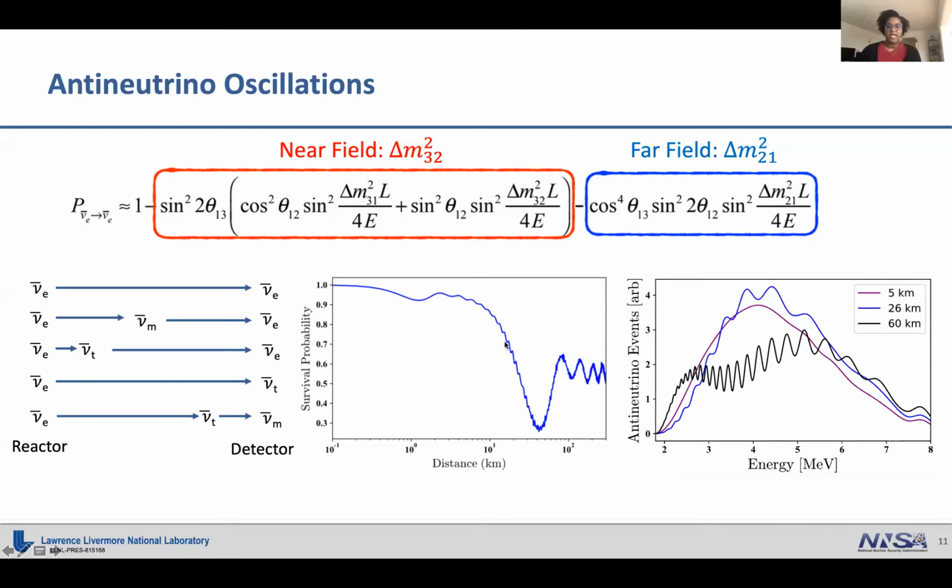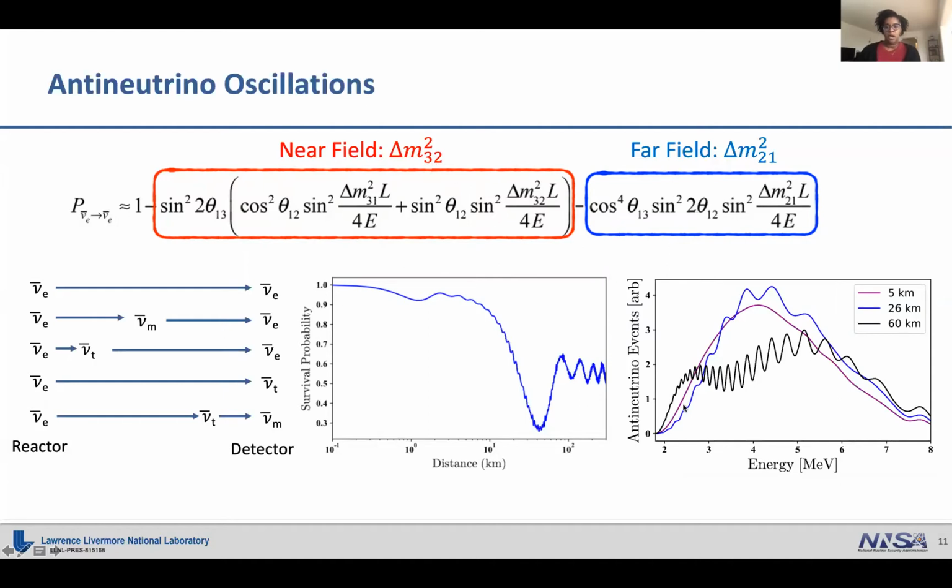The very fast wiggles are dictated by the near field oscillation parameters, which are the 3-2 values, so mostly delta m squared 3-2. And when we look at the far field oscillations, these really long, slower oscillation forms are dictated by your far field oscillation parameters, or the 2-1 values. And so in the context of far field reactor monitoring, the 2-1 is really interesting to us. We are likely insensitive to the 3-2.